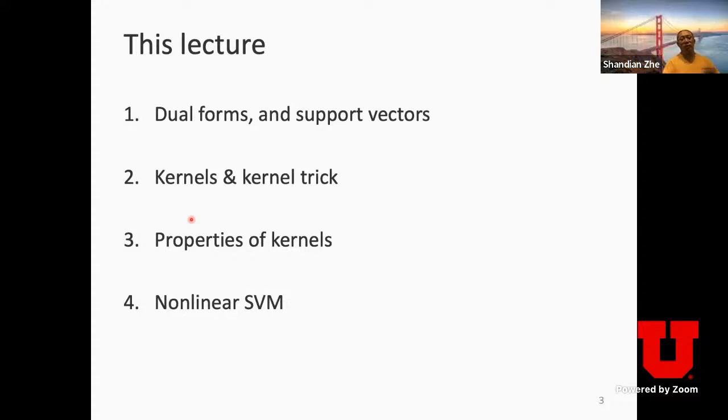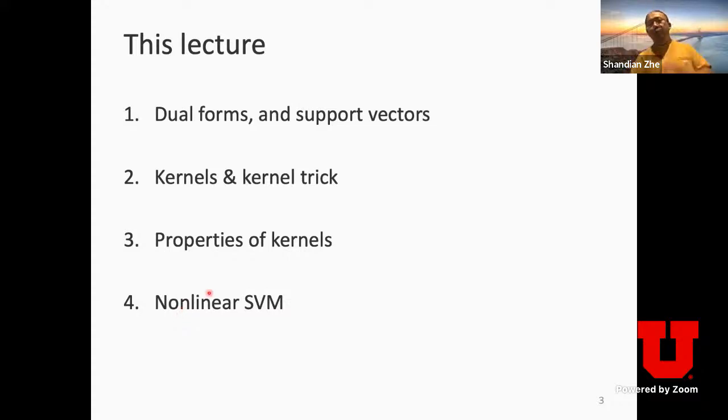The major tool we're going to leverage is called kernels, or the kernel trick. We'll see what the nice properties of kernels are and why we should use the kernel trick. And you'll see that directly applying the kernel trick to the dual form of SVM can lift SVM into a capable nonlinear classifier.